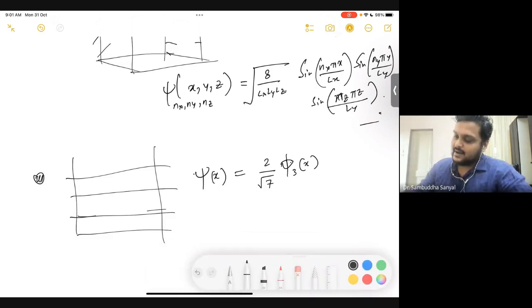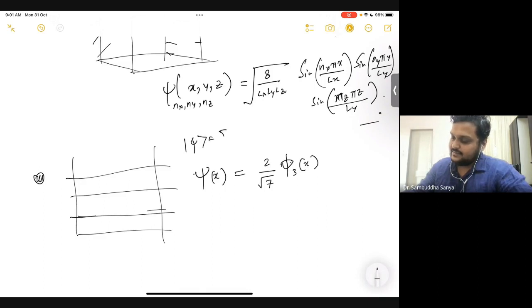You can have an arbitrary state, which is some Cn times En, the eigenstates of the Hamiltonian operator. So this is a similar spirit. All I'm doing is putting the x on this side and the x on this side as well.